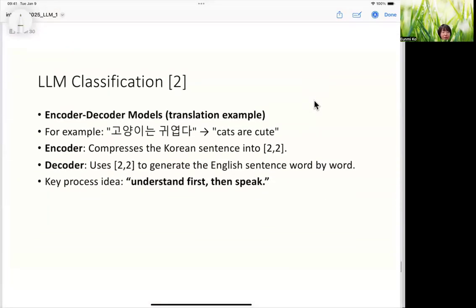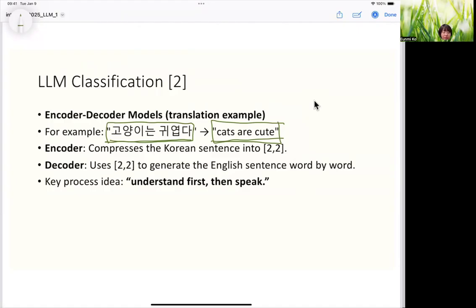Now, encoder-decoder models operate in this way. This is kind of for machine translation. Let's take an example of translation from Korean to English. This is 고양이는 귀엽다, and the corresponding English is "cats are cute."